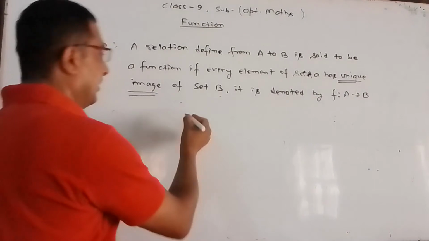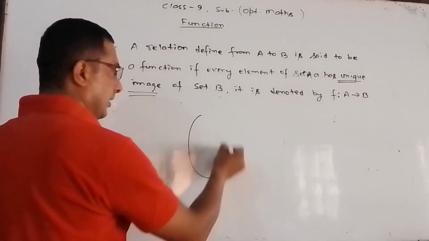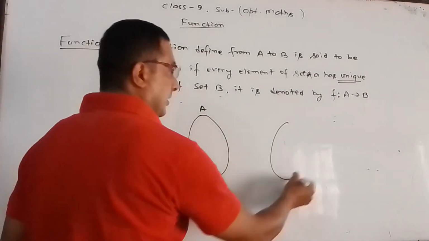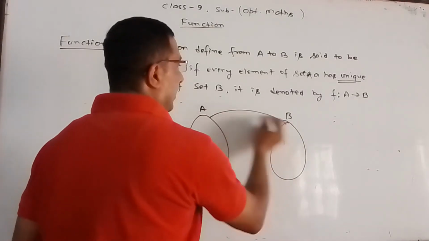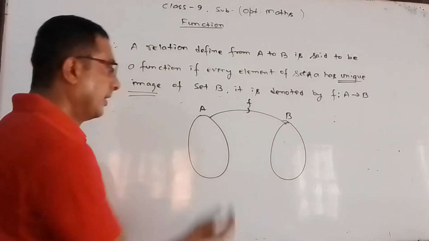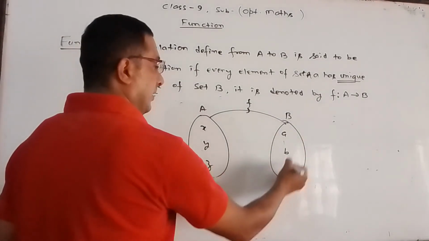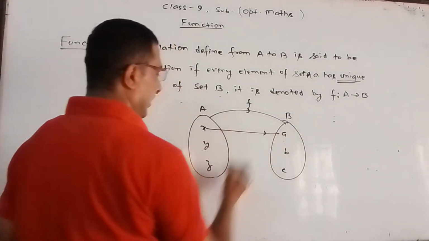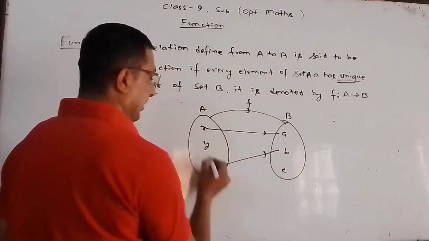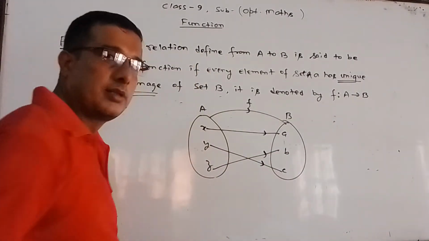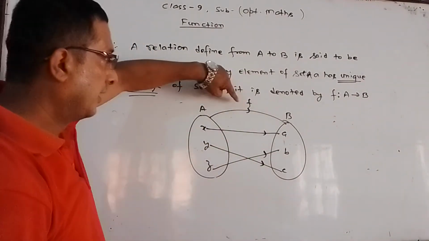How to write it? Here is set A, here is set B, and here is the function. Set A is x, y, z and set B is a, b, c. X maps to A, Z maps to B, and Y maps to C. So how to write the function?